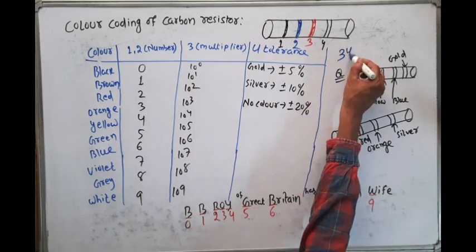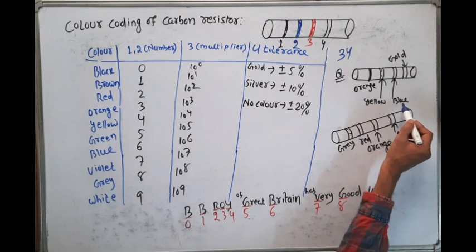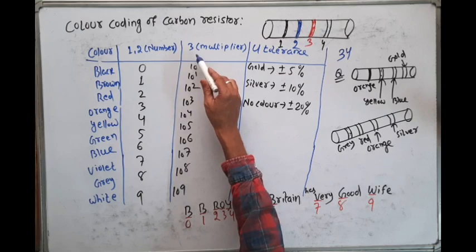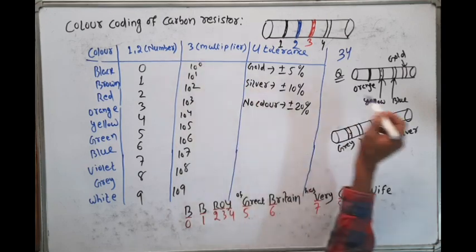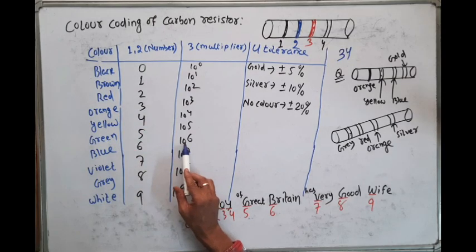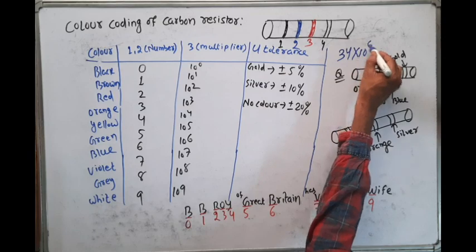So you write down 34. And the third color is blue. The third band gives the multiplying factor. So for blue, what is the multiplying factor? 10 to the power 6. So you write down 10 to the power 6.